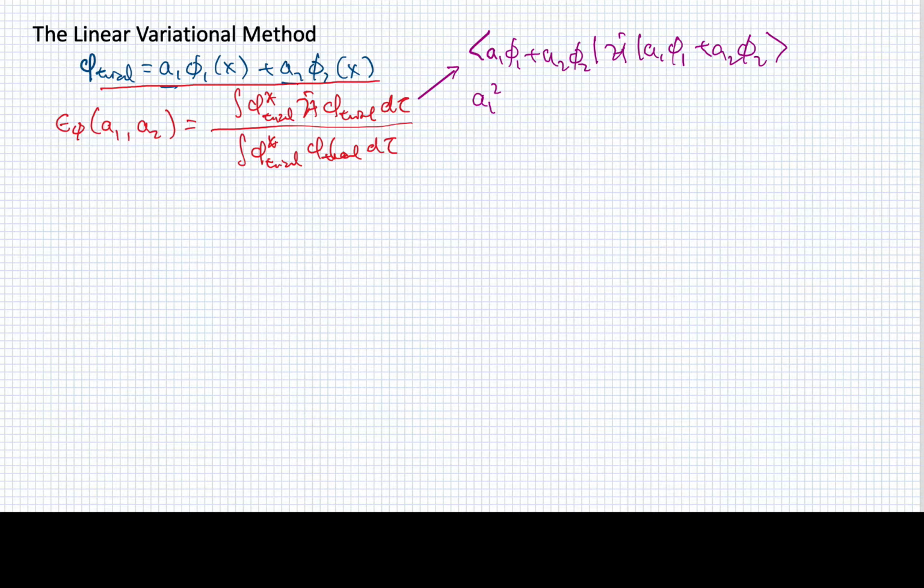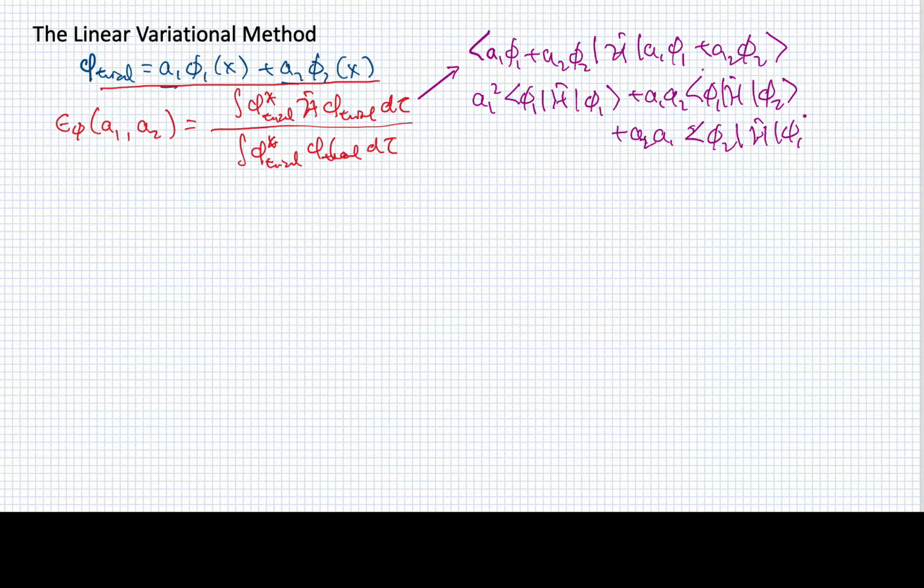A1 squared times phi 1 h phi 1 plus A1 A2 times phi 1 h phi 2 plus A2 A1 times phi 2 h phi 1 plus A2 squared, and I'm running out of room here, times this.